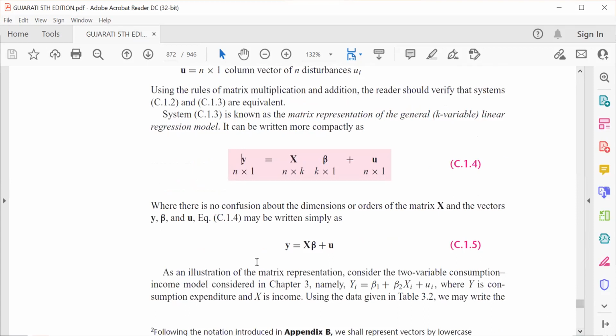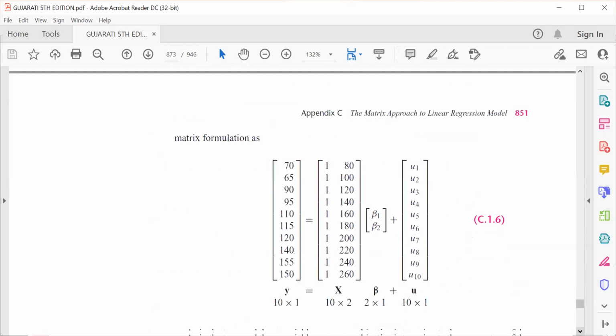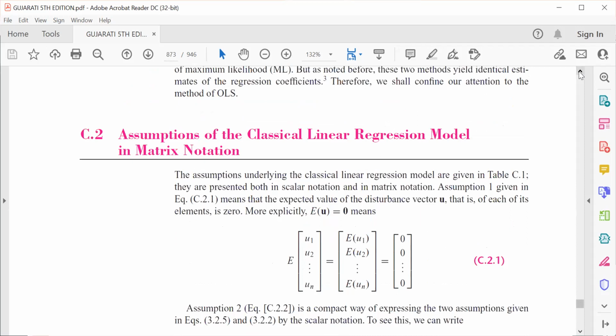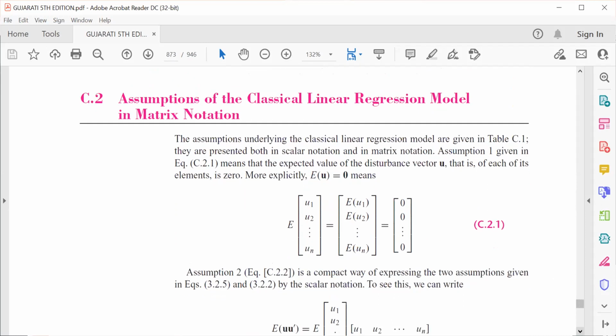In compact form, y is X beta plus mu, where mu is the residual. Before we continue, we talk about the classical linear regression assumptions in matrix notation.